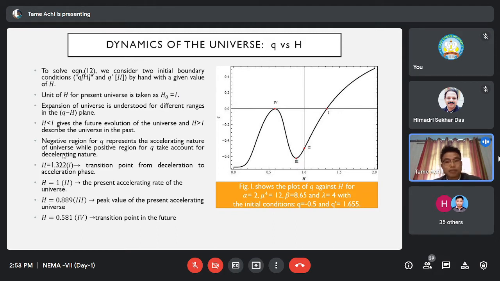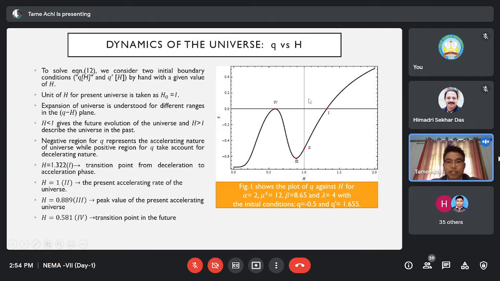The values for Q and Q prime were taken by hand, such that it fits the desired plot we wanted. The value for Q we have taken is minus 0.5, and for Q prime 1.655, and we have also considered H equal to 1 to be the present universe.